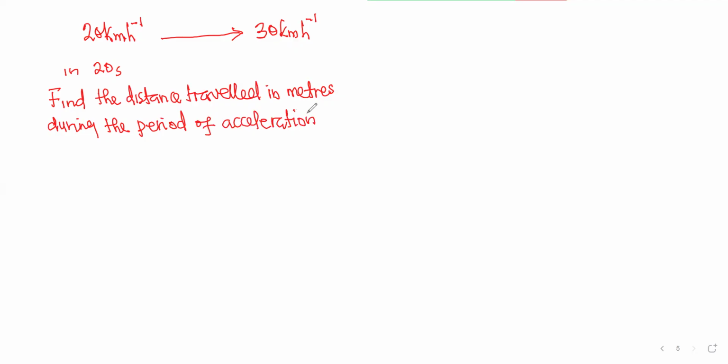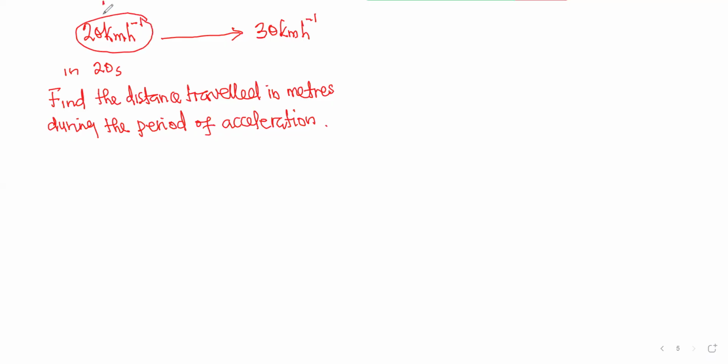I'm going over the question. An electric train moving at 20 kilometers per hour accelerates to a speed of 30 kilometers per hour.